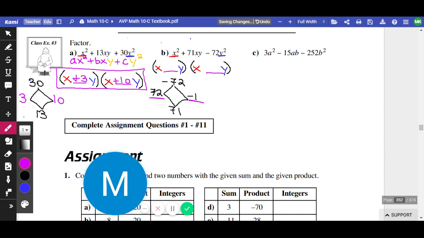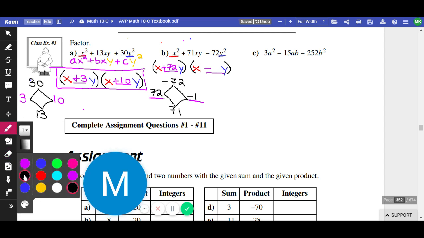So it's not just y, it's plus 72y. And this one's not just y, it's minus 1y. I'm not going to put the 1 in there because our 1s are usually invisible, but if you put a 1 there, you're not wrong. Okay, so if you put minus 1y, that's fine. Typically, we don't put it though, so we just put negative 1.